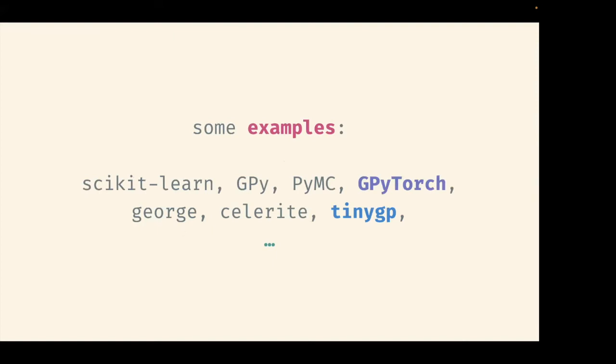So here's some set of Python packages that exist to do Gaussian processes. The bottom line are all ones that I've written. I'm giving this lecture, so I'm allowed to emphasize the ones that I've written, but in fact, there are also lots of other libraries that exist.